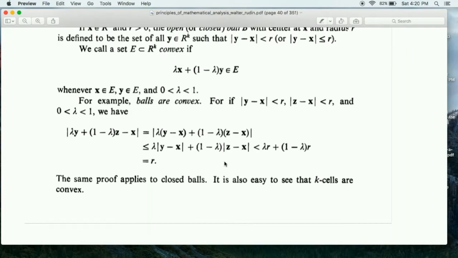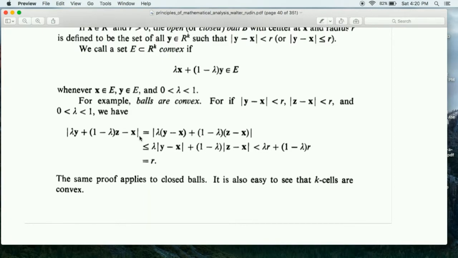We take 2 points, y and z, in the ball with center x, and a lambda between 0 and 1, and we consider this expression: lambda of y plus 1 minus lambda of z, the line joining y and z, and its distance from x.